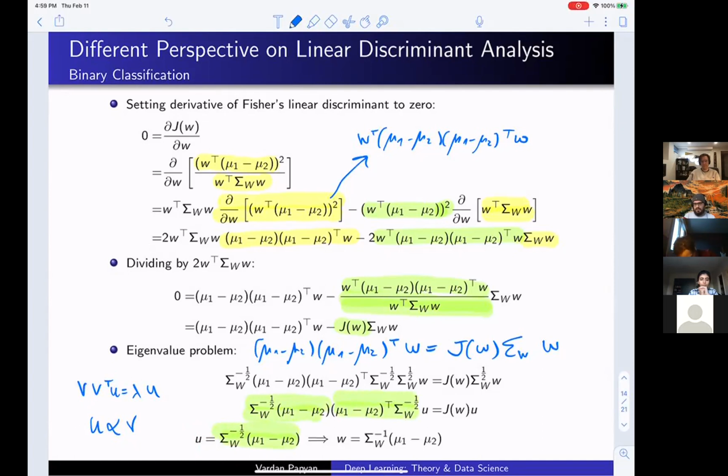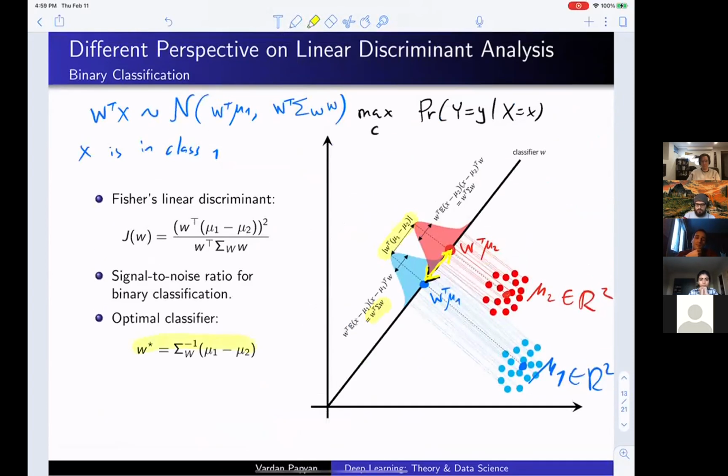And finally, the last step is because U was defined to be sigma W half multiplied by W, you conclude that W is equal to this expression, right? So that's QED, and that's what we wanted to prove, that the optimal classifier is sigma W minus half multiplied by the difference of the means. Okay.